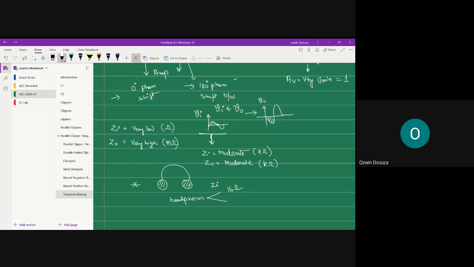The impedance of a headphone is either 16 ohm or 32 ohm. You can check. Just take your earpiece and Google the frequency response of, let's say, some Philips headphones, and confirm which category it belongs to, 16 ohm or 32 ohm.